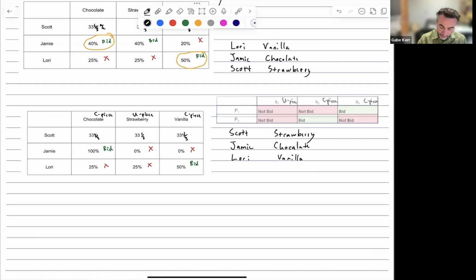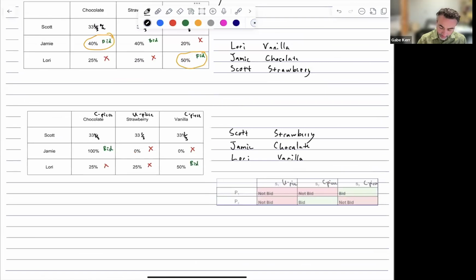So this one looks more like this, where each of the choosers only bids on exactly one, but they're not the same piece. They're not the same share. That's what we'll talk about in the next video.